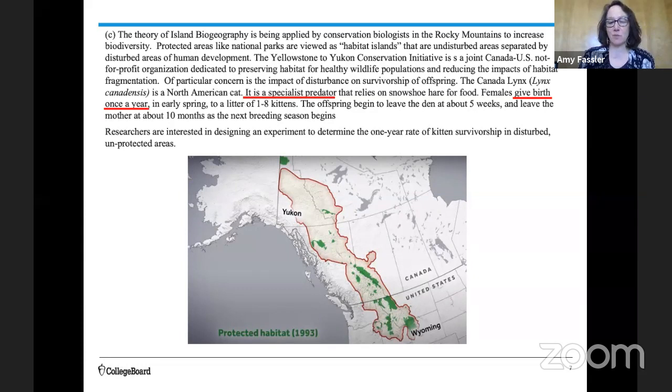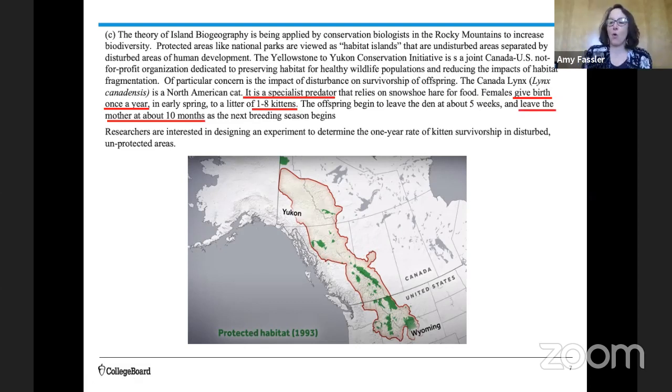It's a specialist predator. It reproduces only once a year, has a pretty small litter, somewhat variable. We talked about this in one of the review videos, how some populations can adjust their litter size based on resource availability. So that's variable, but they stay with their mother. They don't leave that den until the next breeding season.